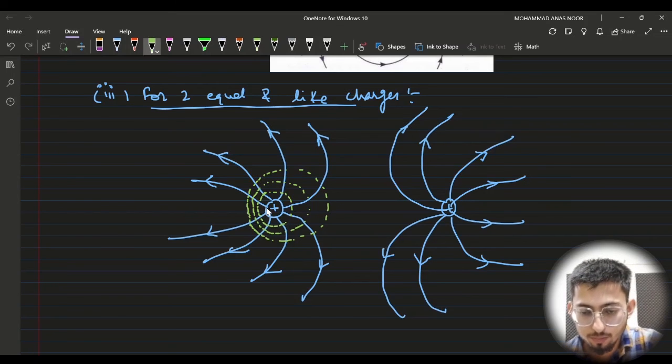The same you can draw on this side. I'm not drawing it. You can draw these circles here also.